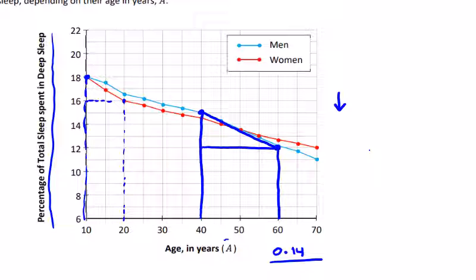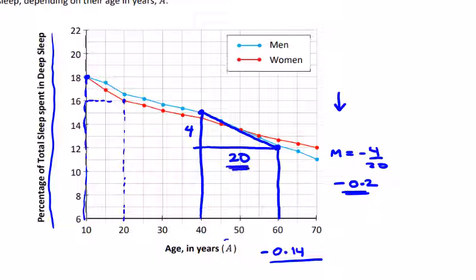And if we put our own values on here, we have 20 on the bottom, and on the rise we have between 12 and 16, 4. The slope looks like it's minus 4 over 20, 1 over 5, minus 0.2. We had a minus 0.14 for the other slope.